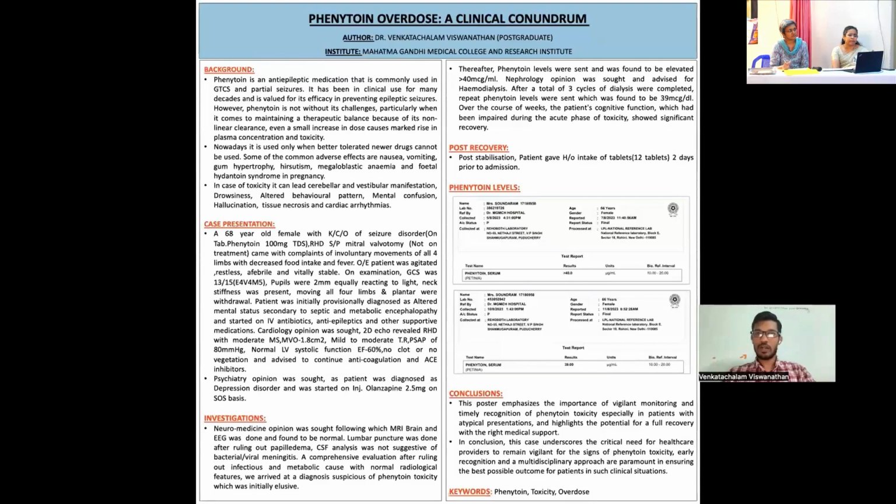Nephrology opinion was sought and advised hemodialysis. After a total of 3 cycles of dialysis were completed, the Phenytoin levels were decreasing and found to be around 59 micrograms per deciliter. Over the course of hospital stay, patient's cognitive function have significantly improved.